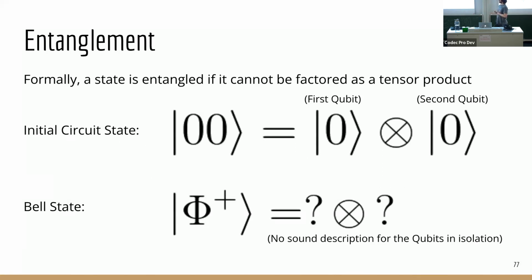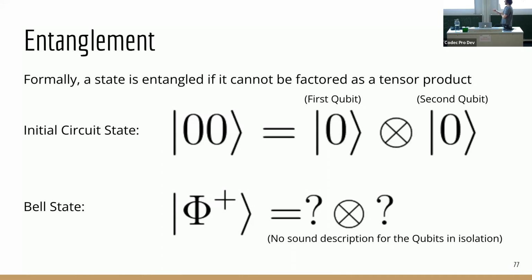The formal definition of entanglement is that we have some sort of mixing of probability amplitudes across the qubits. What this would mean is that a qubit state is entangled if you cannot factor the aggregate state into a tensor product. So if you remember, our initial qubit state is factorable.